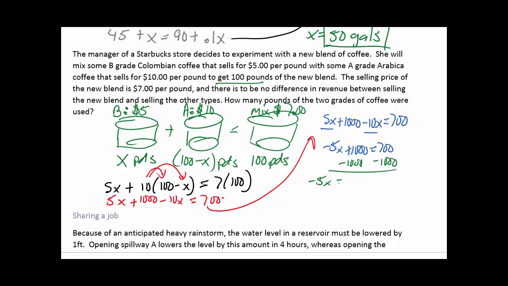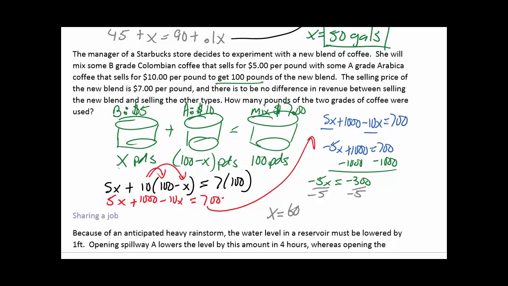So we get negative 5x equals negative 300. I want to divide by negative 5, I'm sorry. So in this case, I get x equals 60, so x equals 60.